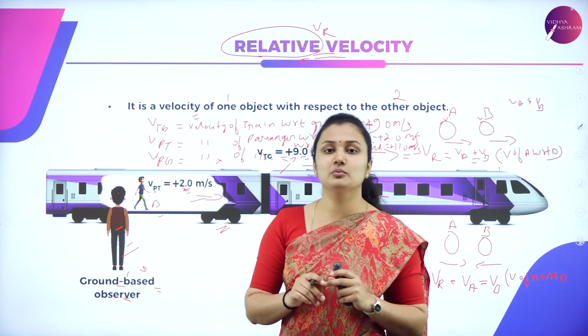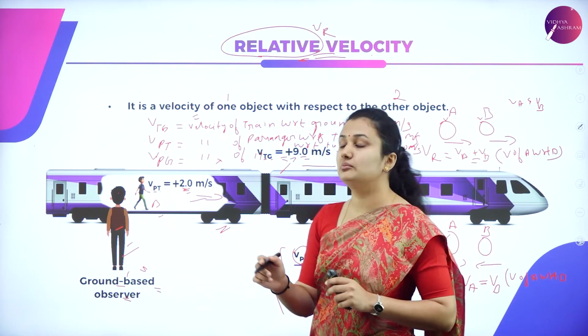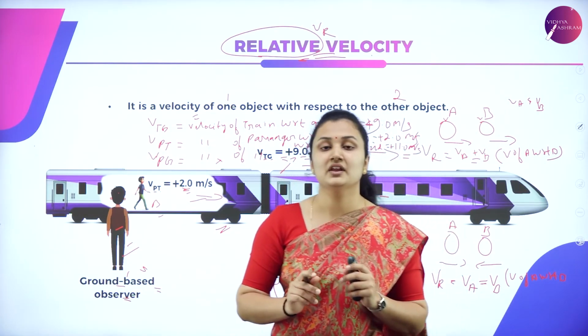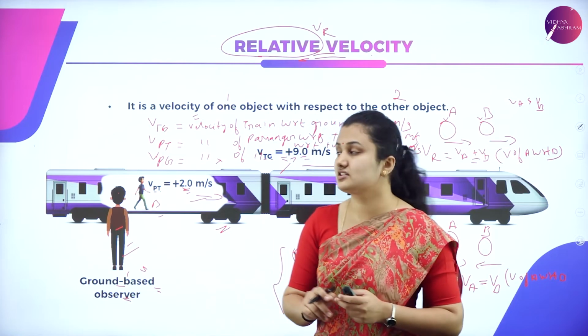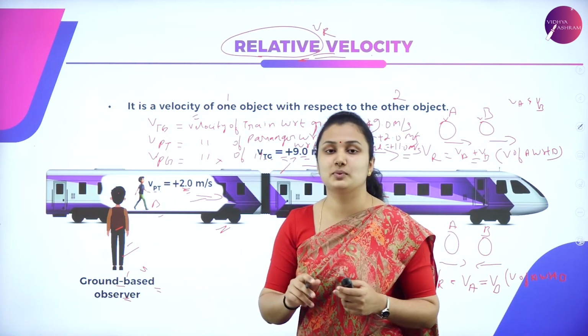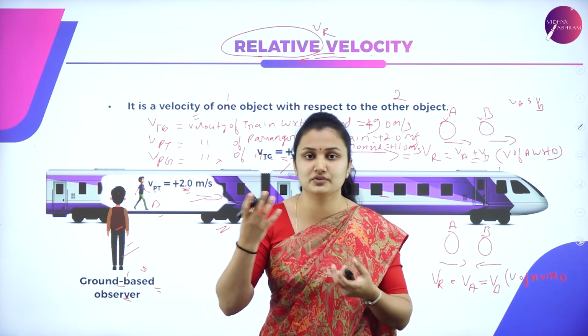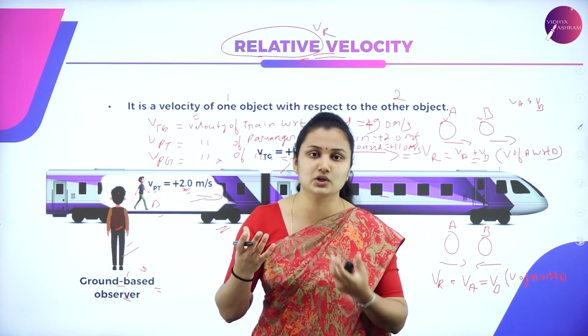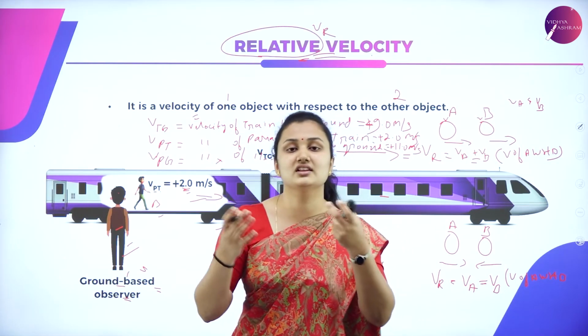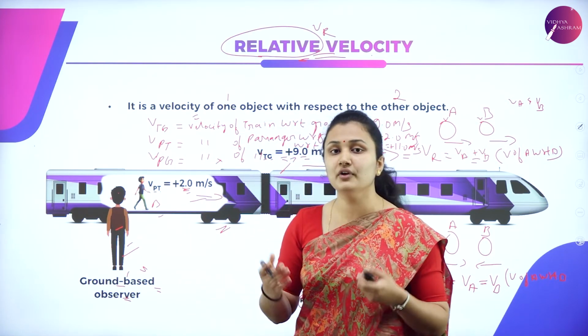After that numerical, we studied what is relative velocity. It is the velocity of one object with respect to another. Whenever you want to describe the velocity, speed or the motion of an object, motion is relative. With respect to another object, you can easily define the velocity of the other object.